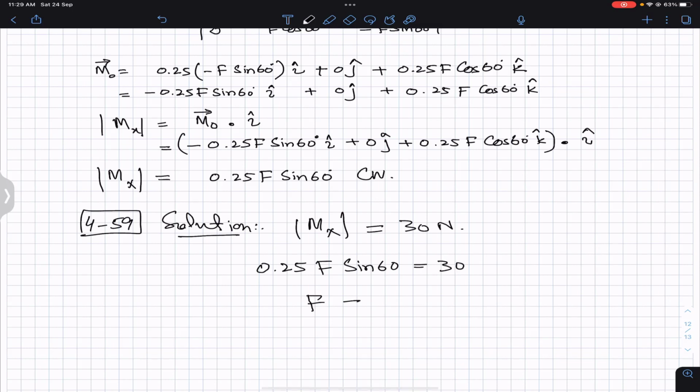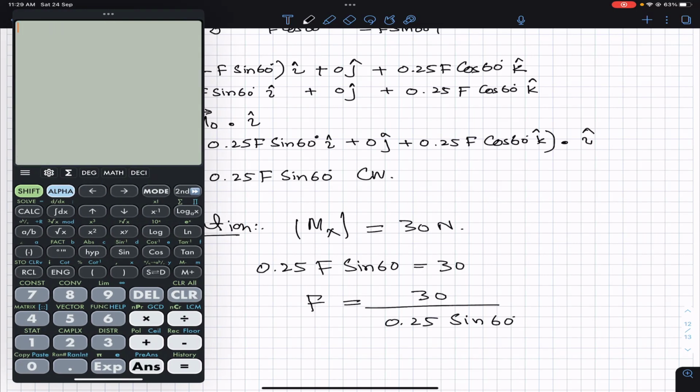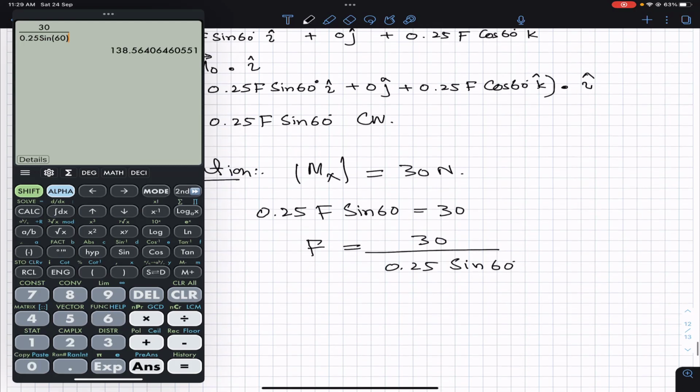From this we can say that F is 30 divided by 0.25 sine of 60. This gives us 138.56.